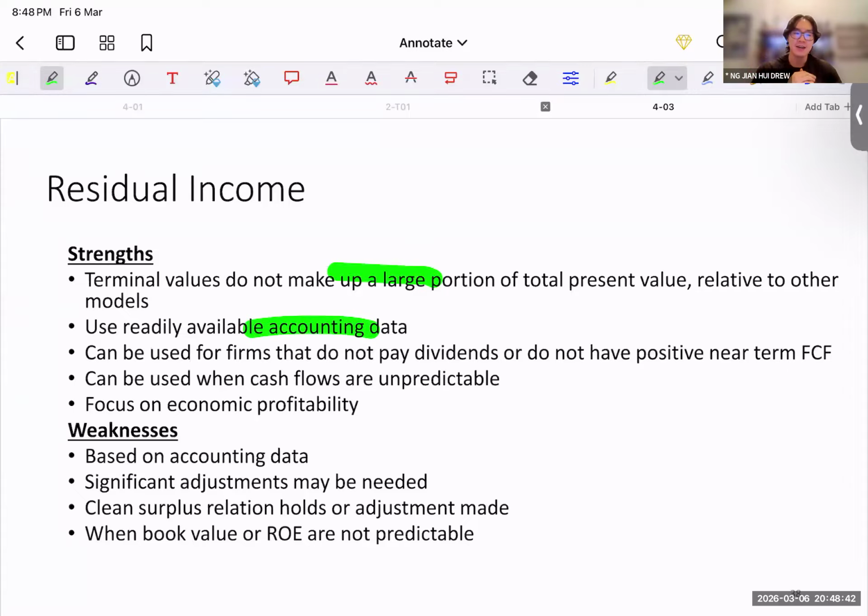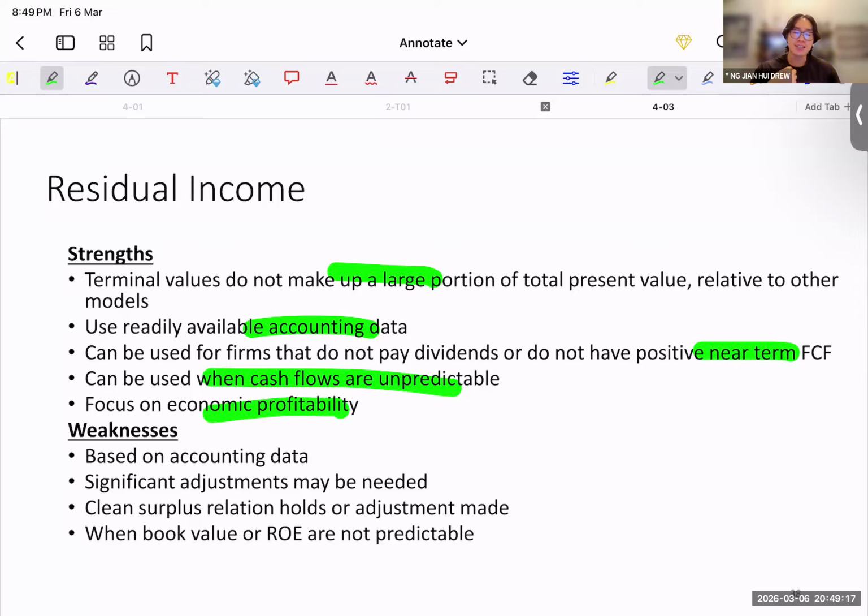It can be used for firms that do not pay dividends or do not have positive near-term free cash flow, which is what we talked about earlier. It can be used when cash flow is unpredictable, because it does not use cash flow. So if the cash flow is negative or unpredictable, no problem. Again, it focuses on economic profitability, meaning that it takes into account both the implicit and explicit costs.